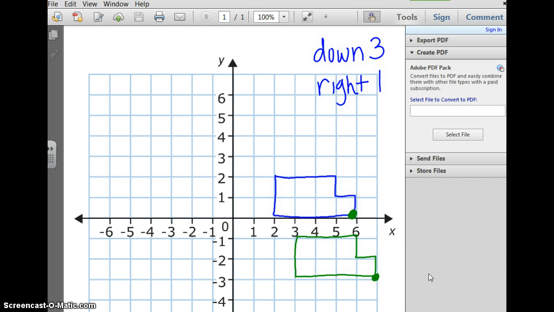If this is your starting dot in your original shape, that means it has to be in the exact same spot in your other shape. It can't be in a different spot now. So you have to have a starting point in one of the corners of your shape. If this was your starting, you'd go down 3 and over 1. Now this is where you would start it.